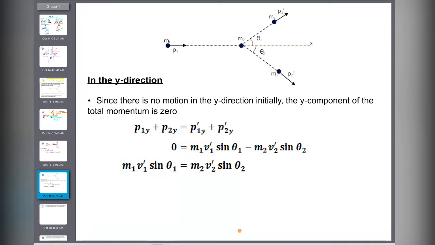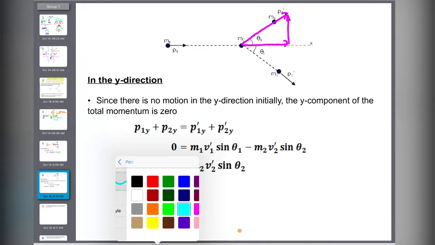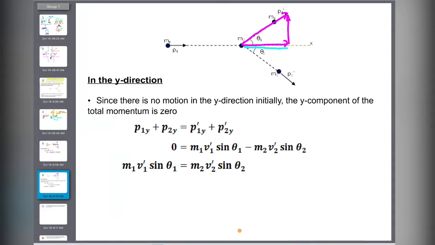So x and y, so if this is the one that we're dealing with, right, the x and the y component, and then it could be the x and the y component of this guy.